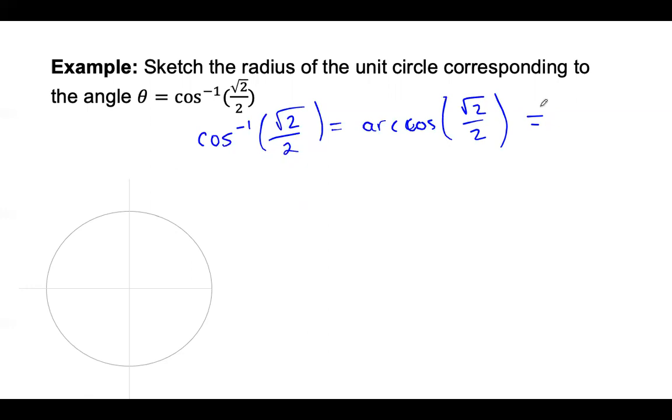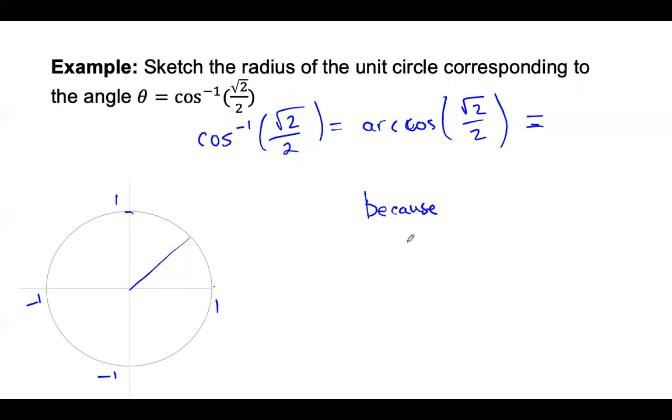Now, what is this going to be equal to? We could first try to sketch this on the unit circle. So I'll make a note.